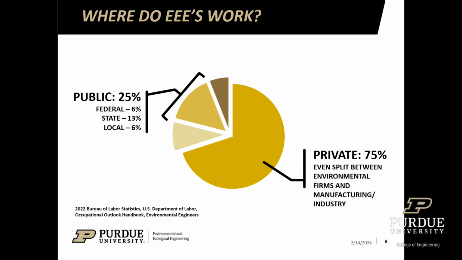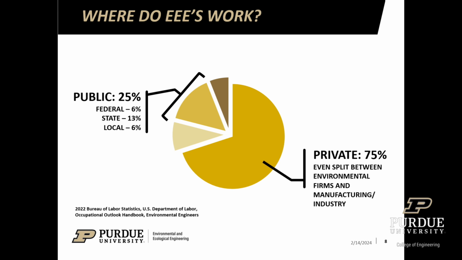For example, at the federal level, at the EPA, at the state level, regulatory boards, things of that nature. At the local level, maybe working in a county office, but that's only a quarter of where environmental engineers tend to work. 75% are out in private, and that tends to be a pretty even split between your traditional environmental consulting firms versus more manufacturing or industry-based work.